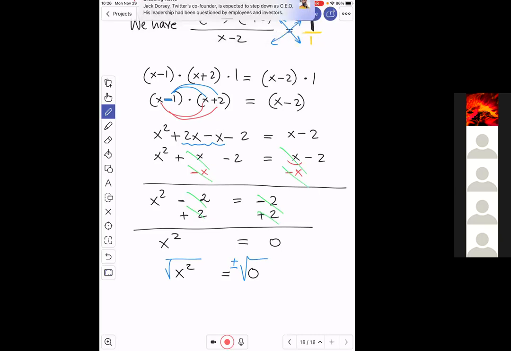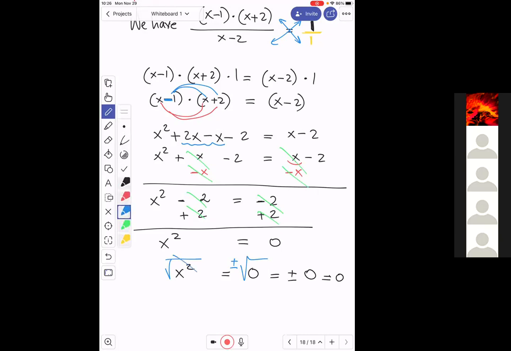But anyway, here it doesn't make any difference, because plus or minus 0 is just 0, right? The square root of 0, because 0 times 0 is 0, is just 0. So the solution is just x equal to 0.